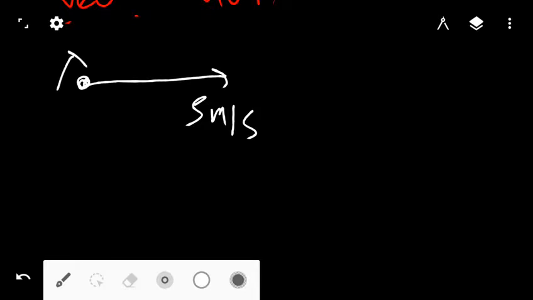Suppose this is a point that is going with a velocity of 5 meter per second to the right. The line and the arrow that you see there will be a vector. That is a linear representation of a vector, and to symbolize it, let's call this particle A. To symbolize this, we write it as A with an arrowhead on top.